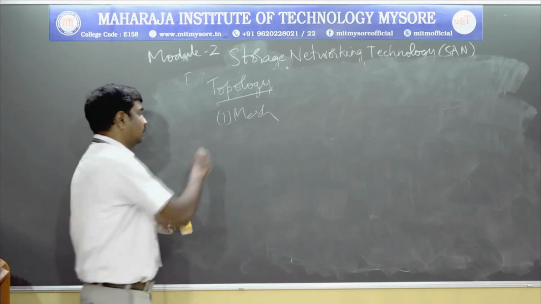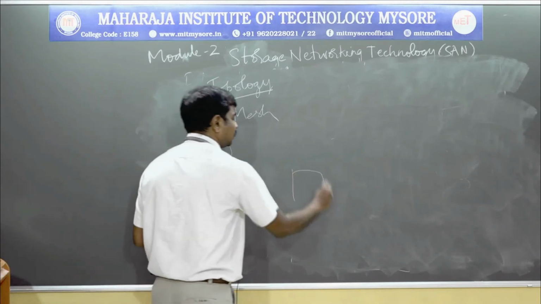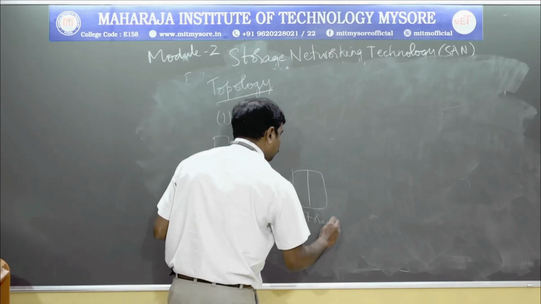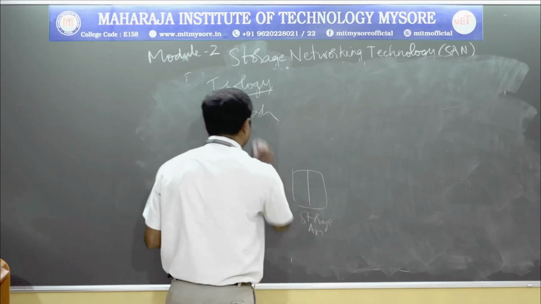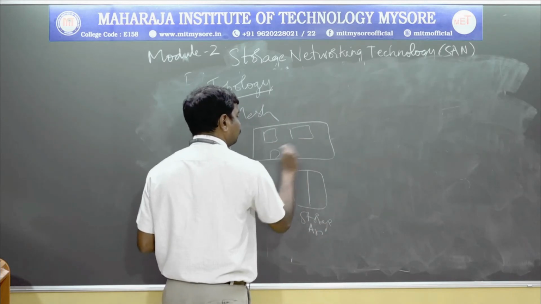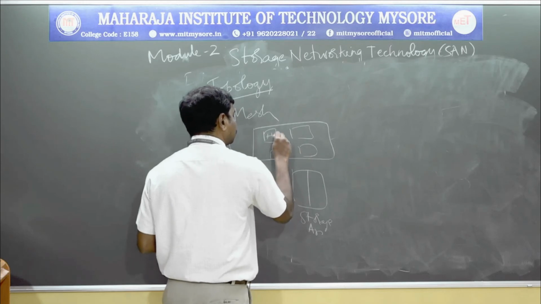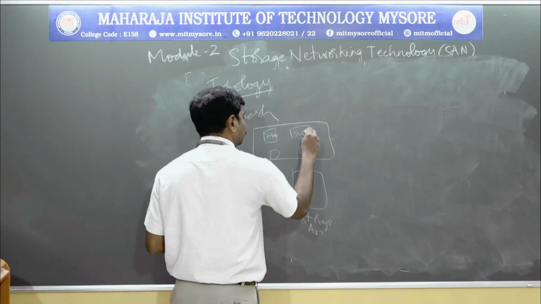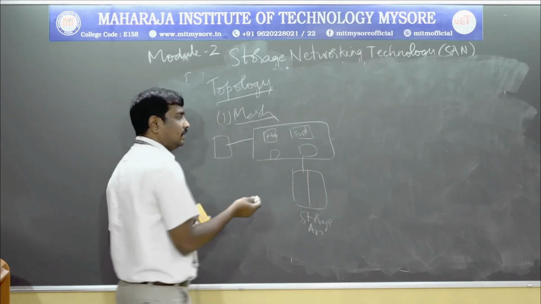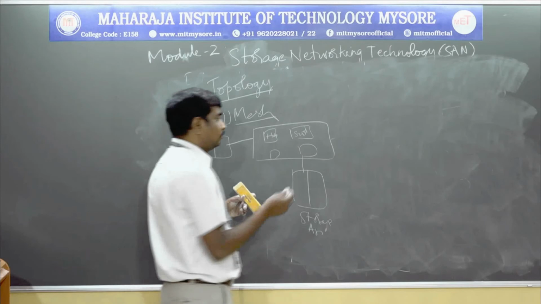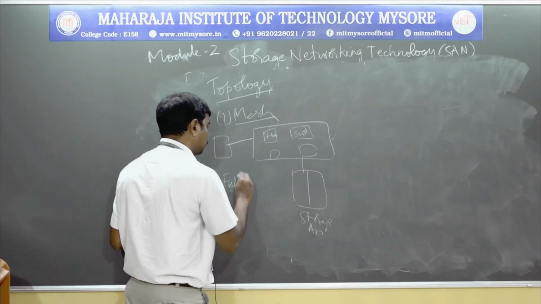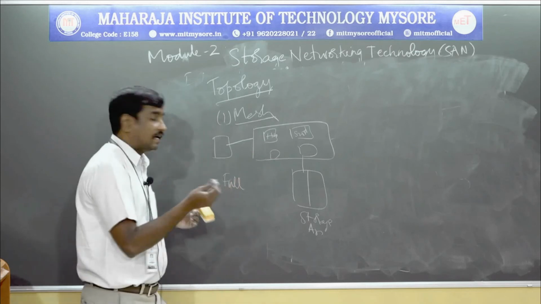That means we have a server, and this server is connected to the array of storages along with different types of hubs. Different types of hubs as well as switches are connected like this with dedicated switches. Or else we connect with a full mesh of devices, or a half mesh, a partial mesh.